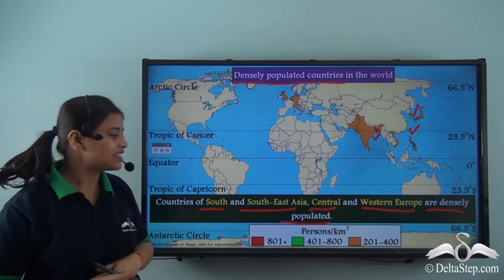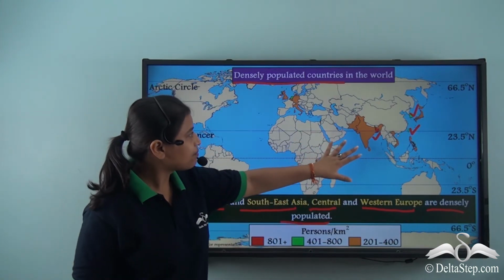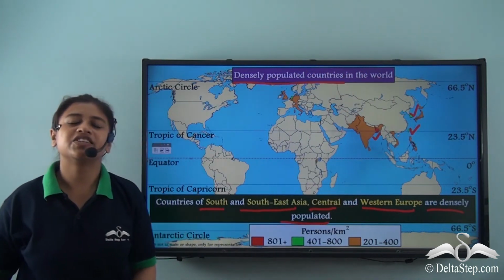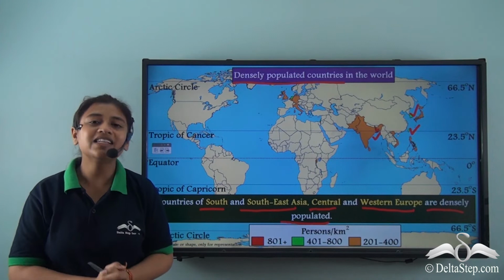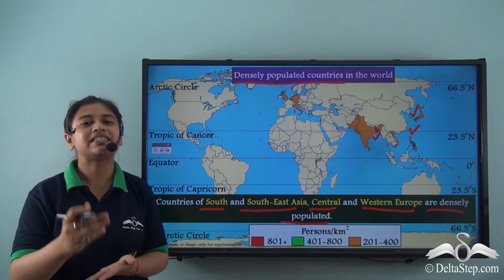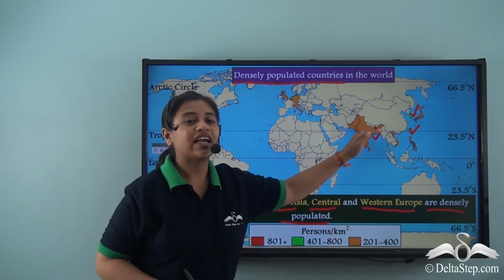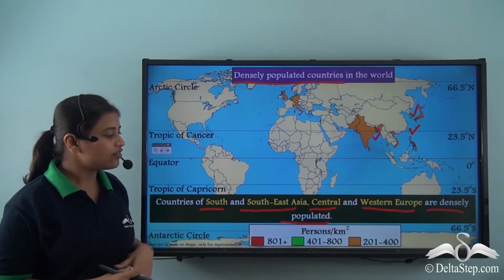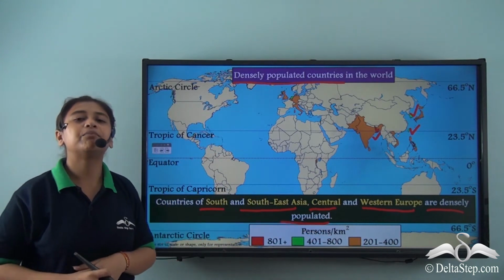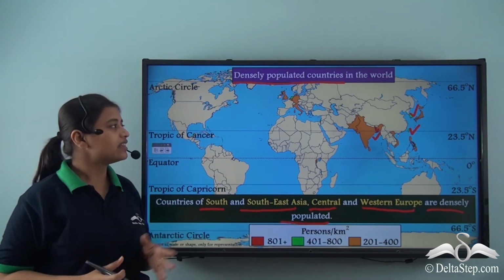Now lastly, we see that countries like India, Italy, United Kingdom and also Japan also have a dense population, but here the density of population is comparatively less than the countries that we just saw. So here we see that there are around 200 to 400 people living in per unit area of land in these countries.